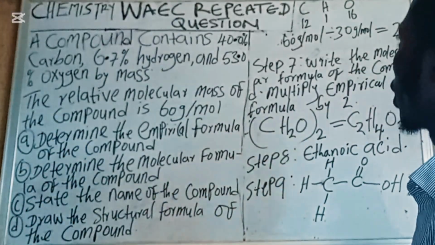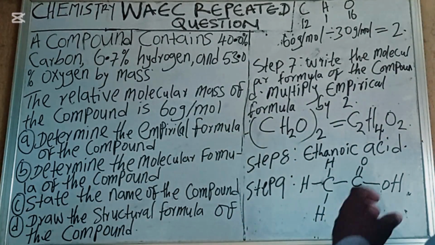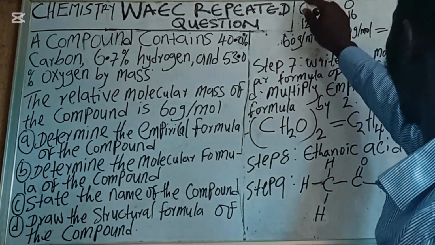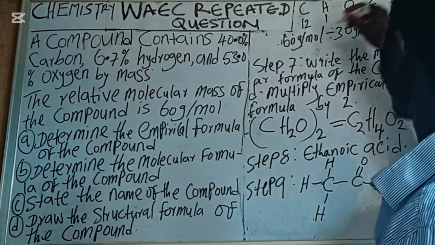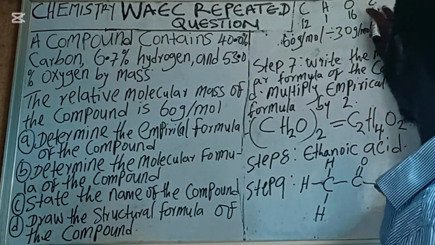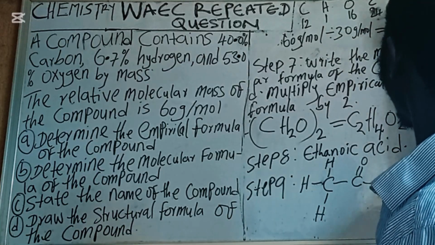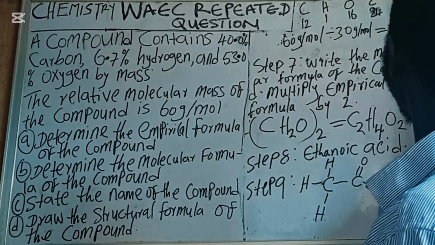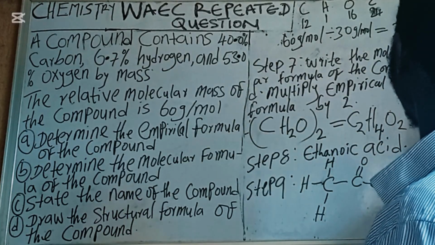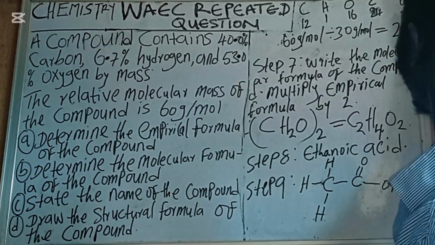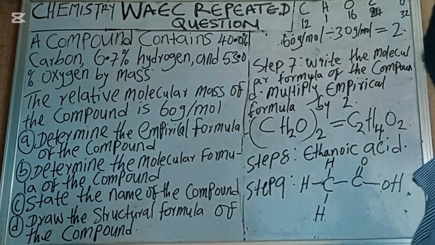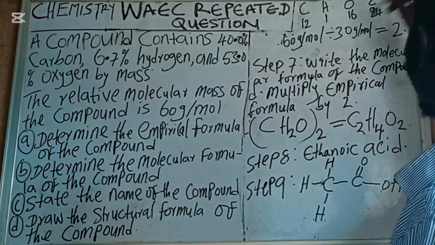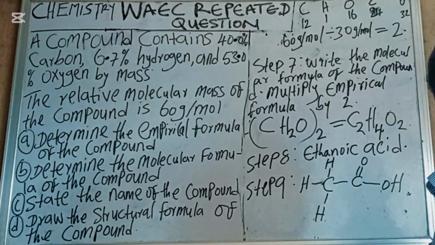Now, you can actually use your brain, and say, okay, if I have 2 of carbon, it means I have 24. And if I have 2 of oxygen here, it means I have 32. So if I add 32 with 24, it will give me 56.